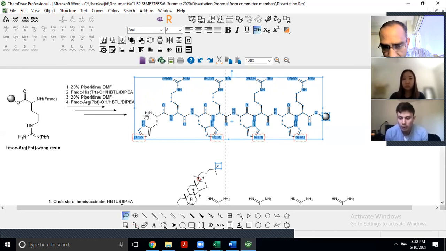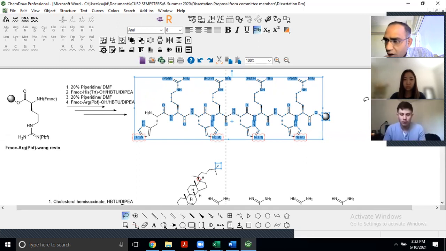So this amino group will react with this carboxylic group and it will become cyclic. And after it becomes cyclic, we will then remove the protecting groups, and then we will get a cyclic peptide. You want to keep them protected before you do the reaction, or else it might go wrong.